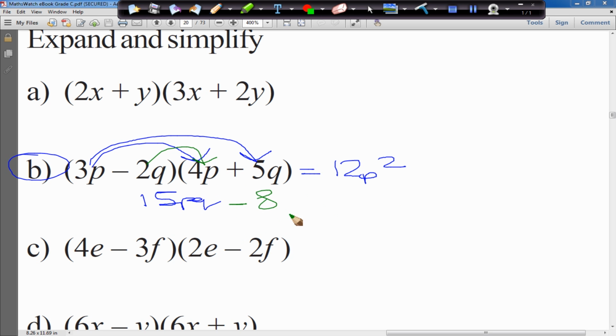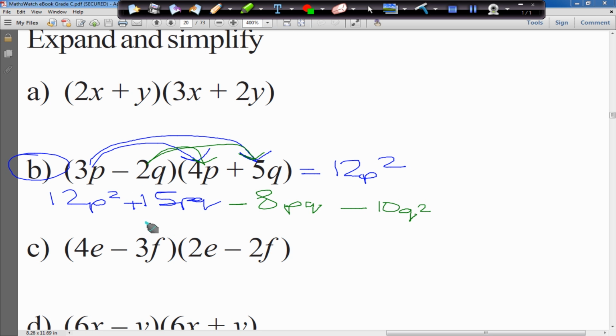Now we have minus 2q times plus 4p, which will give us minus 8pq. And then you have minus 2q times plus 5q, that will give you minus 10q squared. So the first part was 12p squared. Right, now we need to simplify.